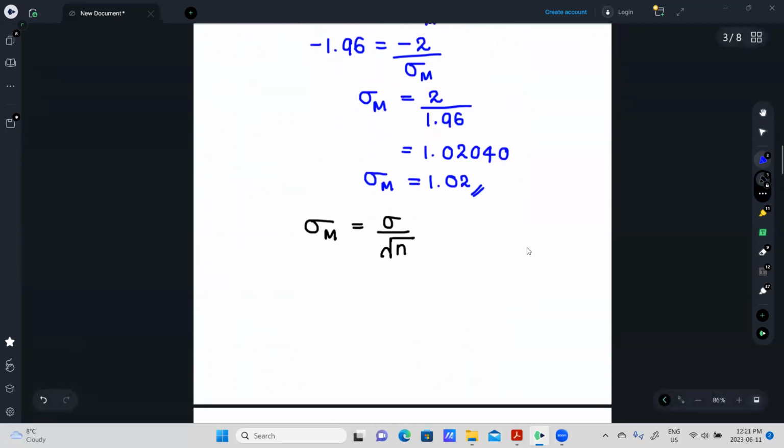Now we can substitute, same thing as before. Now our sigma M has changed. Sigma was 20, divided by square root of n. So this is the value which we don't know.